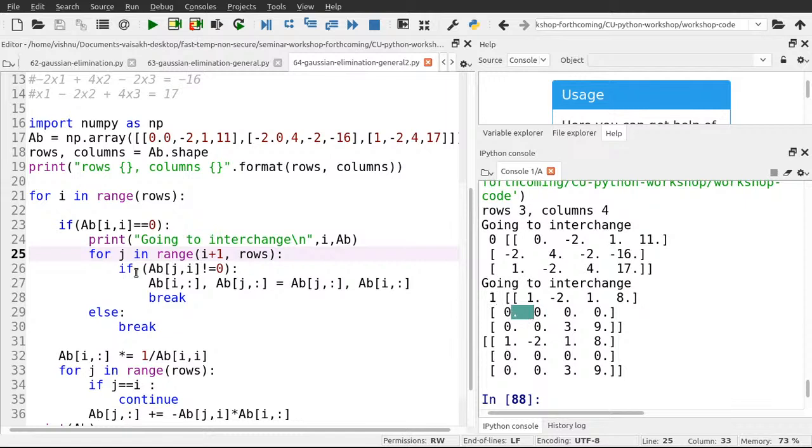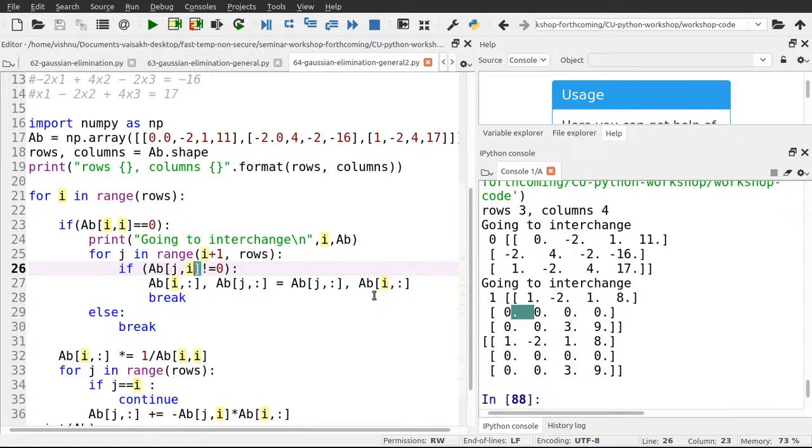So ABI should be... what is J? Just below that, meaning in the same column. Oh, sorry. How do we get the same column? Here we have ABII. That column is going to be I anyway. So ABJI. ABJI not equal to 0.